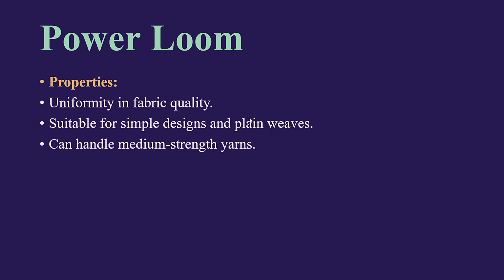There are different types of weaves we will discuss in another lecture. A further property is that it can handle medium strength yarn. There are different categories of yarn with respect to strength or tenacity, or rupture per kilometer, RKM, of the yarn.